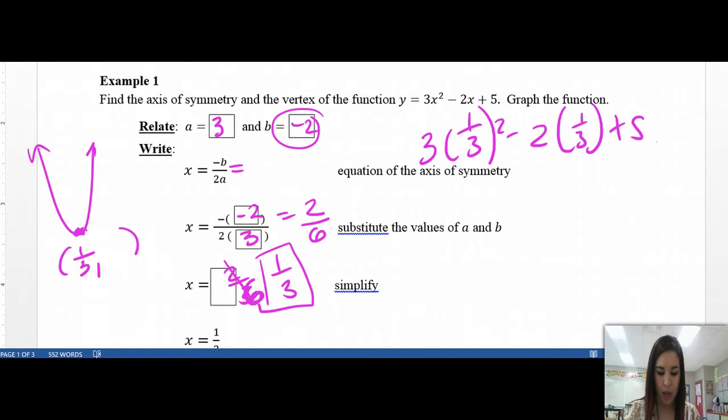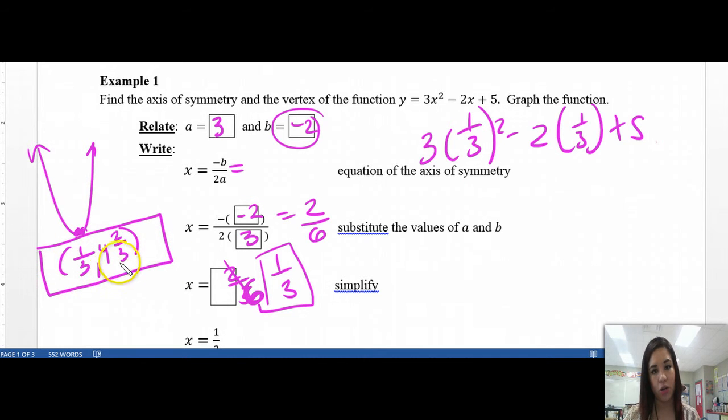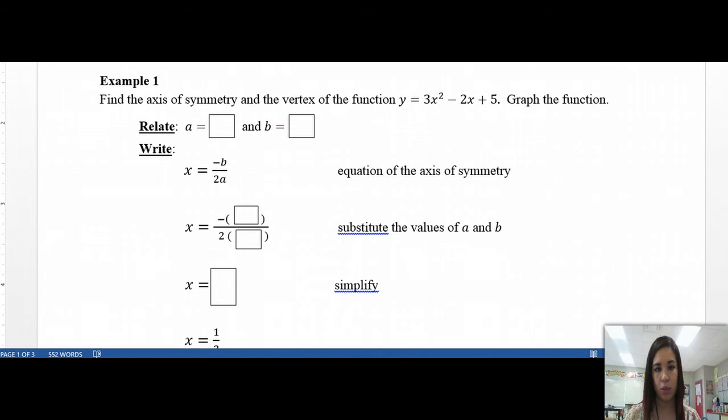That would be 3 times parentheses 1/3 squared, minus 2 times 1/3, plus 5, and I got for the y value 4.66666, which is actually 4 2/3. So my y value is 4 2/3. I now have my vertex. It's at 1/3, comma 4 2/3.